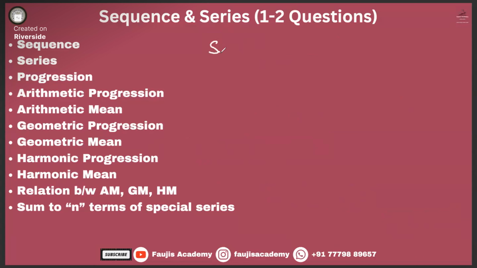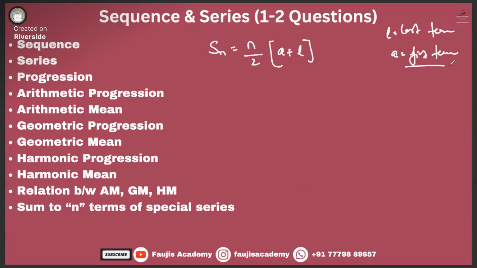There is another formula for the sum of n terms. It is given by n by 2 into first term plus last term. L is your last term and A is your first term, right?